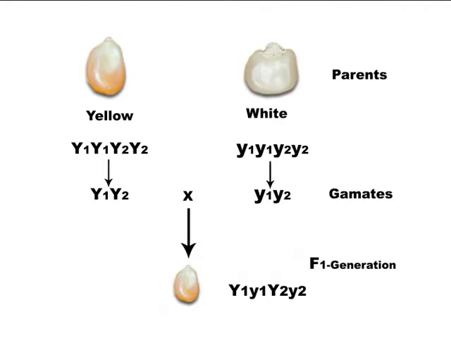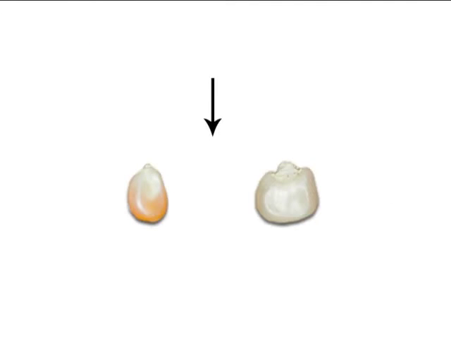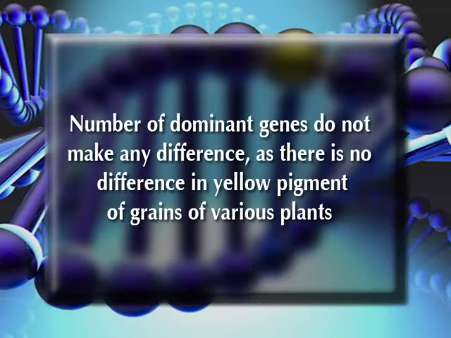When a plant with pure yellow endosperm is crossed with a plant with white endosperm, the F1 hybrid will produce grains with yellow endosperm. On selfing, in the F2 generation they produce grains with both yellow and white endosperm in the ratio 15:1. It is suggested that the number of dominant genes does not make any difference, as there is no difference in the yellow pigment of grains of various plants.